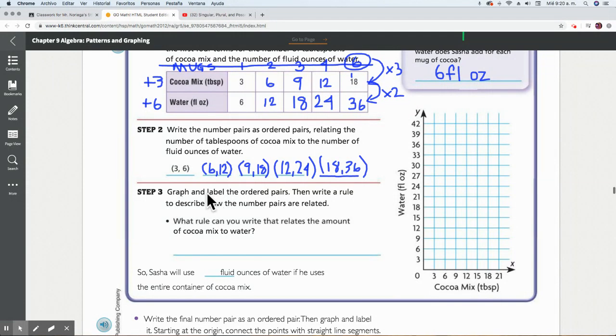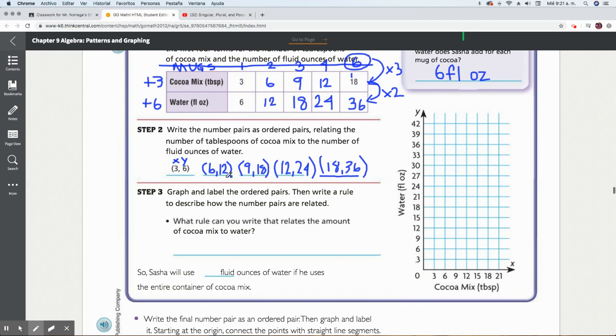Okay, so let's first do the first thing. 3 and 6. So remember that the first number is my x-axis and the second number is my y-axis. So that means that I need to walk 3 steps to the right and then 6 steps up.